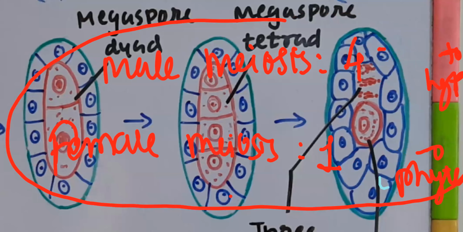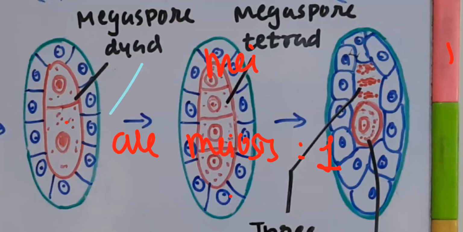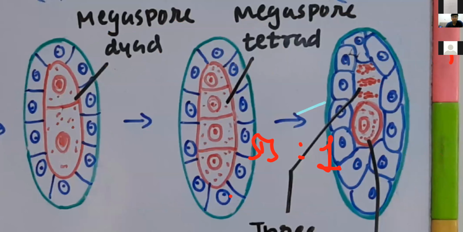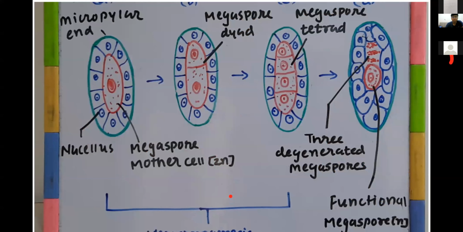We were discussing megasporogenesis: how one megaspore mother cell, a diploid one, undergoes meiosis and produces 4 haploid megaspores, and out of that 3 degenerate and 1 is left.